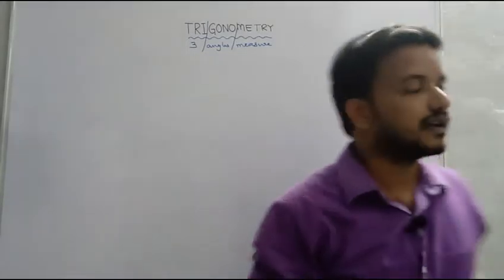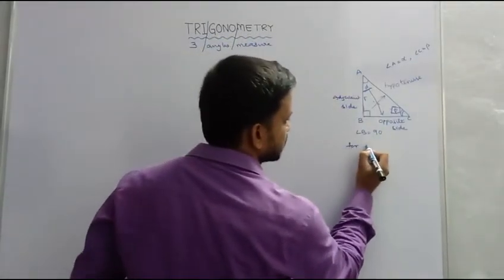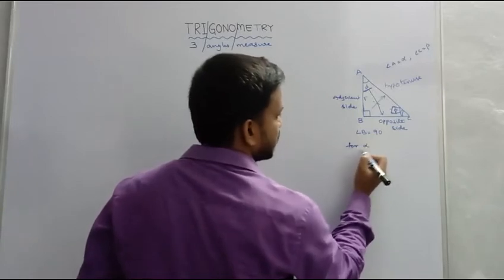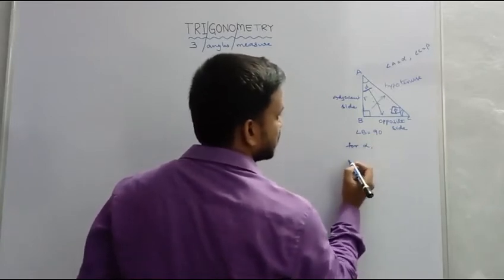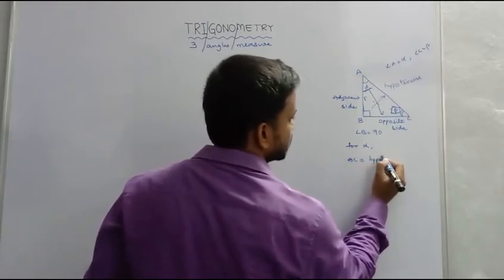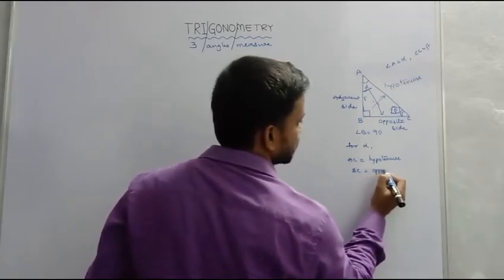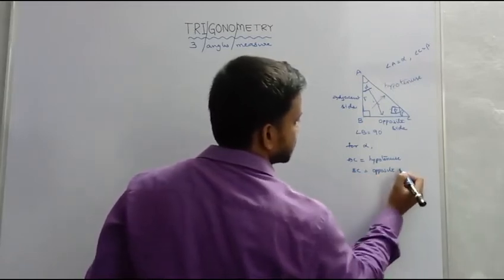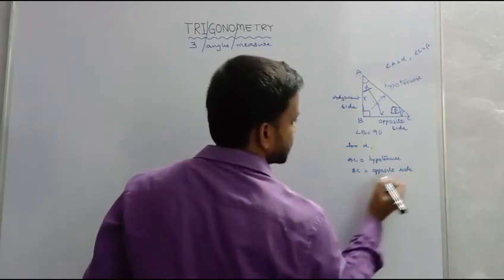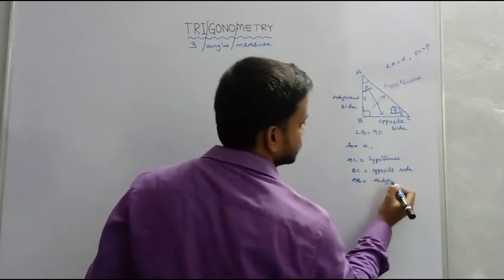So here I am writing clearly: for angle alpha, AC is the hypotenuse, BC is the opposite side, and AB is the adjacent side.